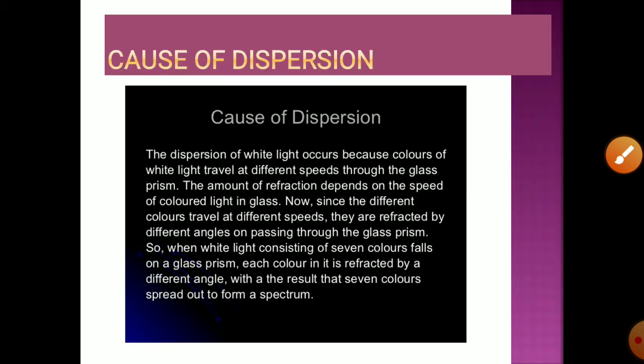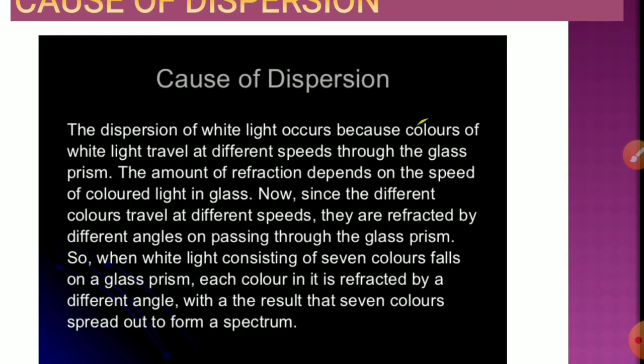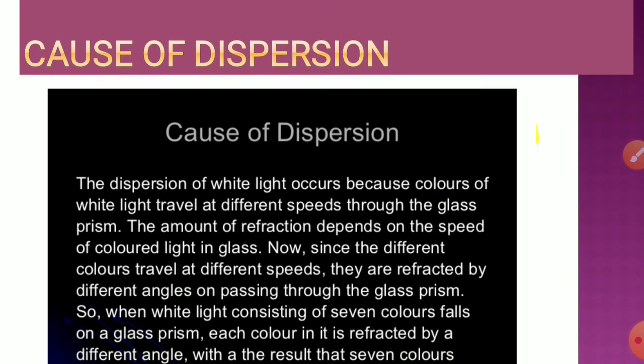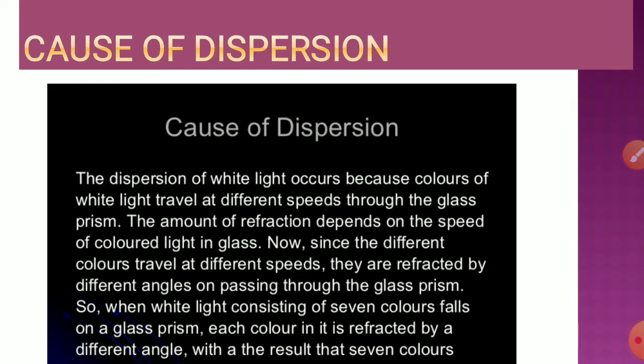Now what is the cause of dispersion? Why does a white light split into its constituent seven colors while passing through a glass prism? The components of white light travel with the same speed in air or vacuum.